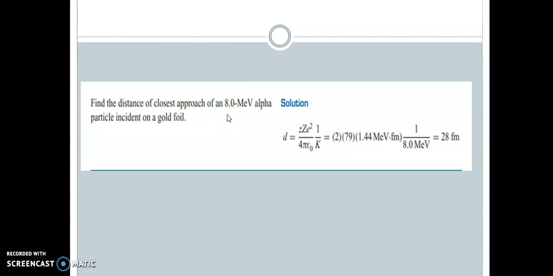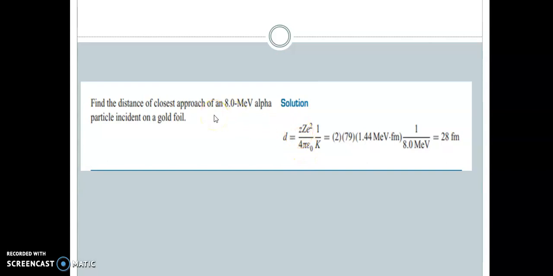energy, kinetic energy, which is 8 million electron volt, 8 into 10 to the power 6 electron volt. That is 8 into 10 to the power 6 into 1.6 into 10 to the power minus 19 joules, and substitute in this expression, and you know the values 1 over 4 pi epsilon 0 is 9 into 10 to the power 9, and substituting the value of small z.